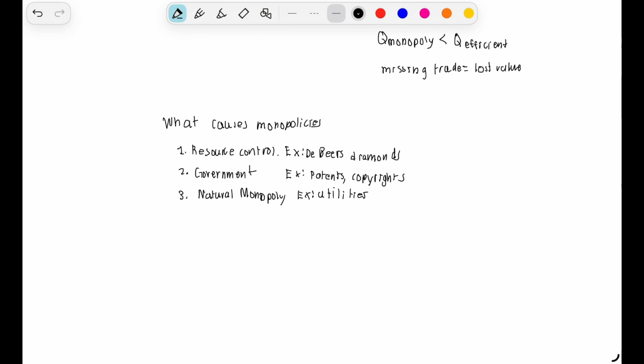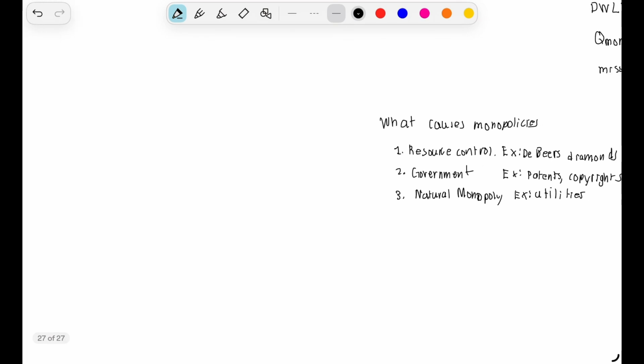Now, we can also talk about elasticity. If your demand is elastic, that's going to be a low price.